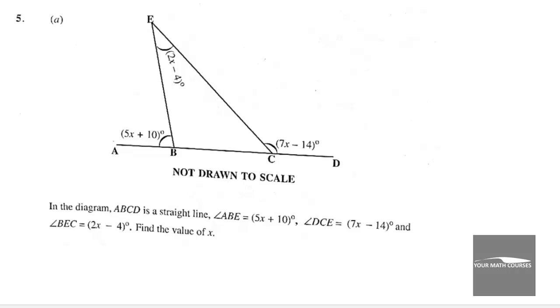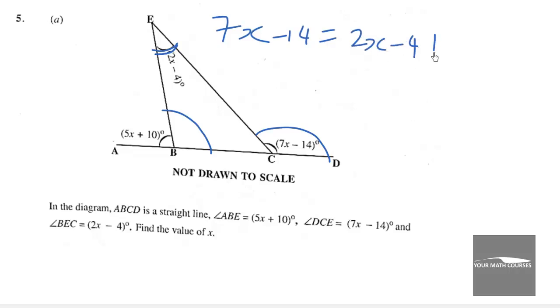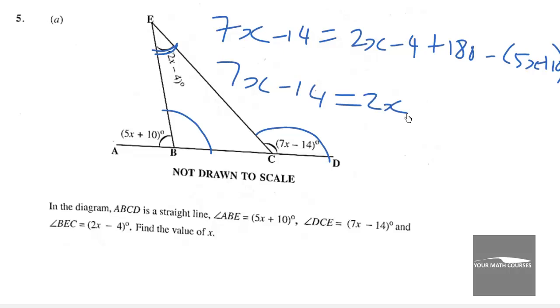So this angle here will add to this to get this. So 7x minus 14 will be equal to 2x minus 4 plus 180 minus 5x plus 10. So we have 7x minus 14 is equal to 2x minus 4 plus 180 minus 5x minus 10.